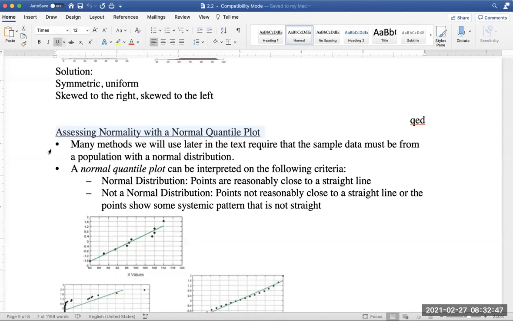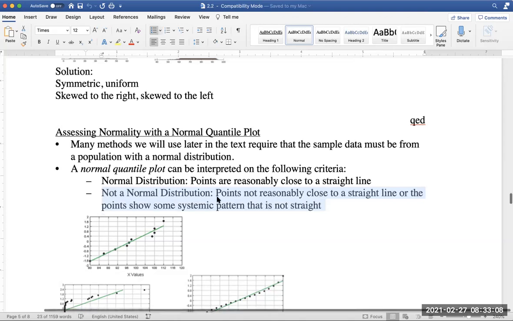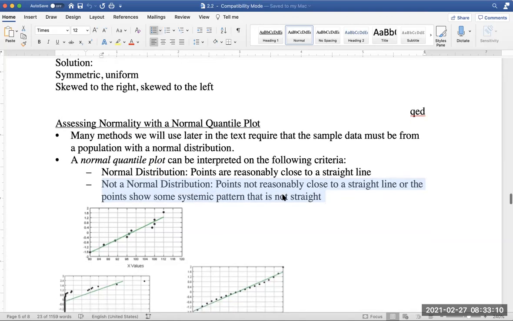If the points are reasonably close to a straight line and there's no obvious pattern, then we say that it looks like a normal distribution. It is not a normal distribution if the points are not reasonably close to a straight line or they show some systematic pattern.